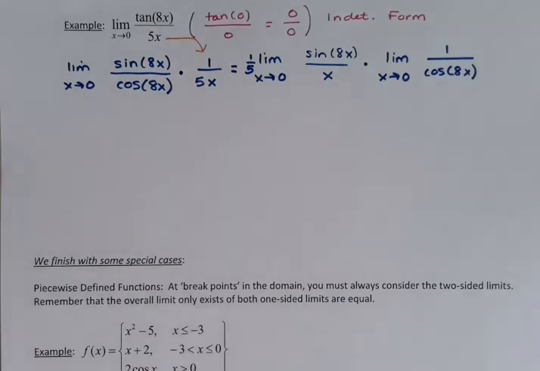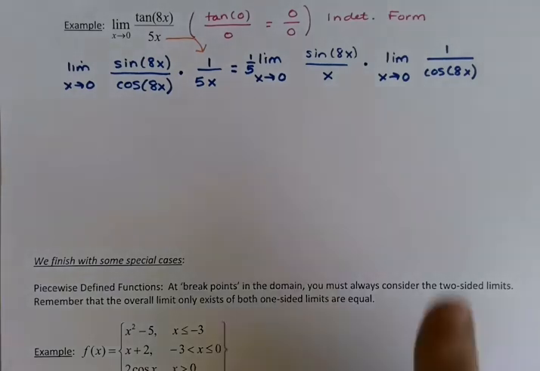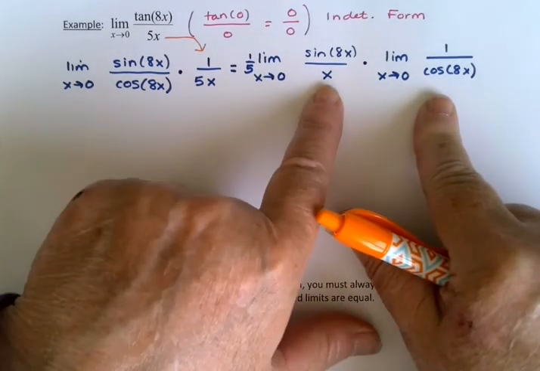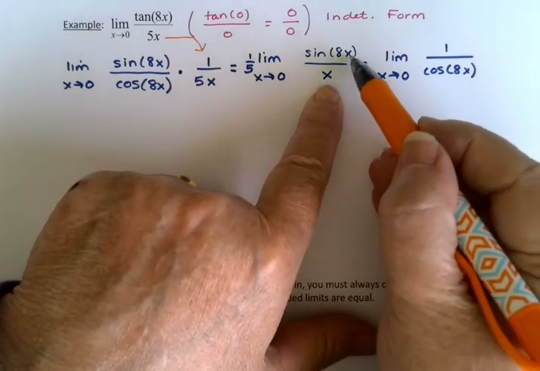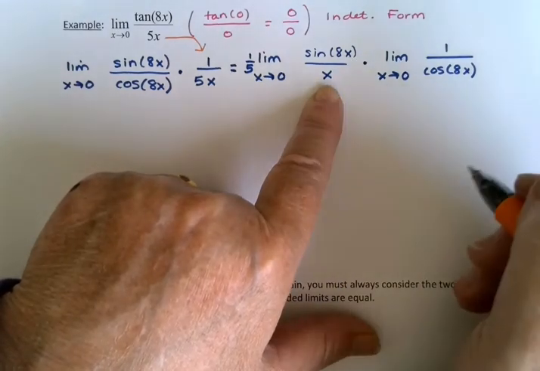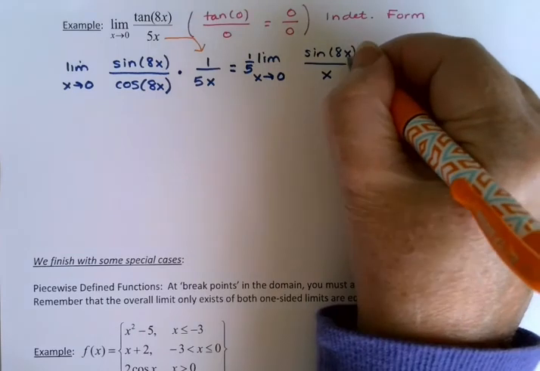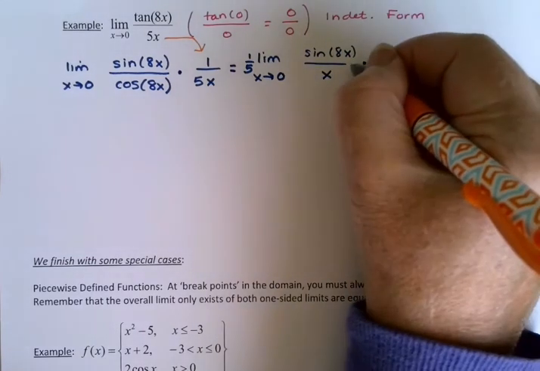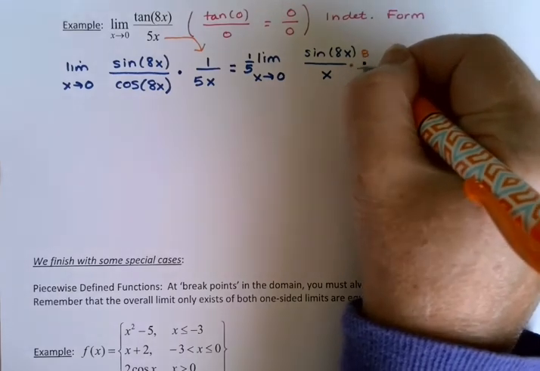All right, we're almost to what we need now. The 1/5 and this last limit aren't going to be any problem at all. This one, though, I need the argument to match the denominator. We've seen this a few times. Hard to change the argument, but not so difficult to change the denominator. Let's multiply by 8 over 8.